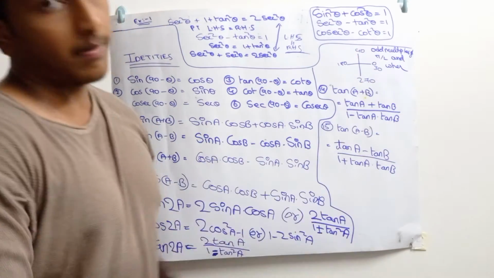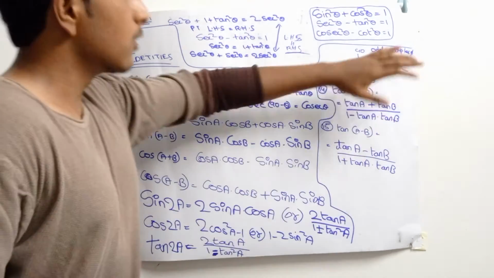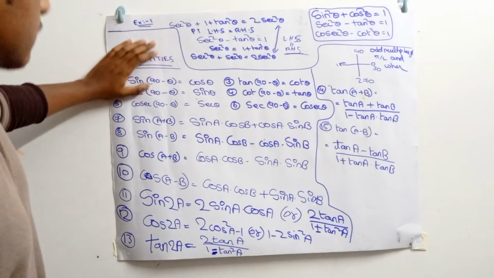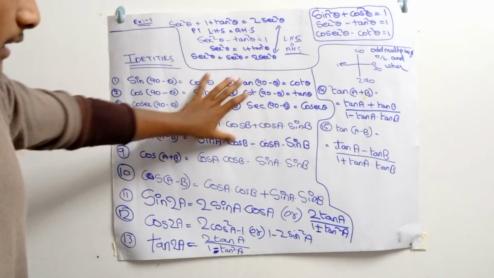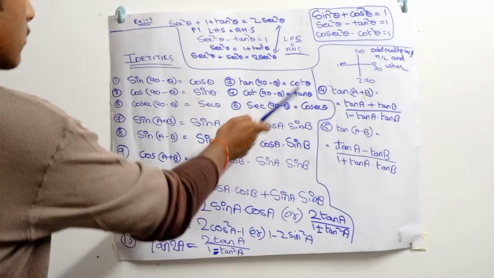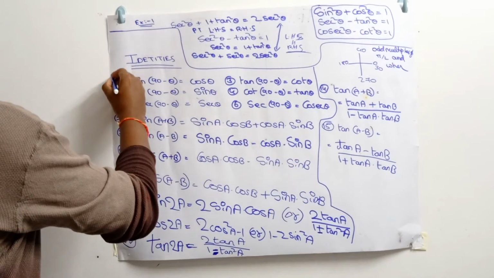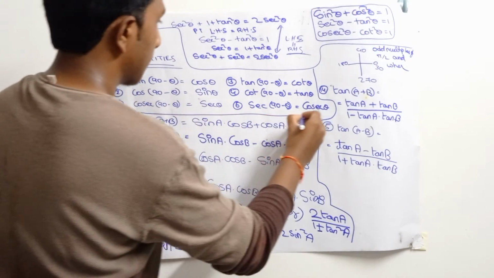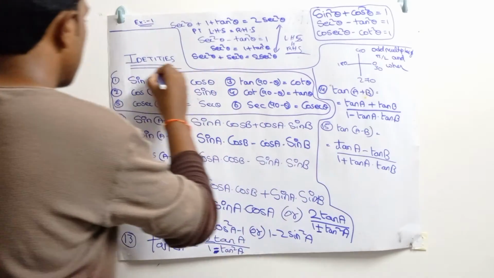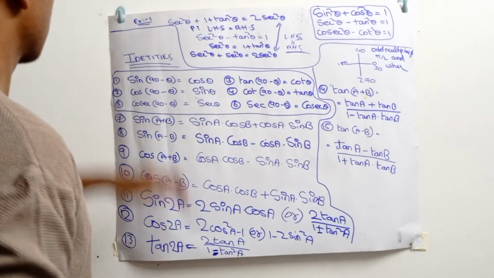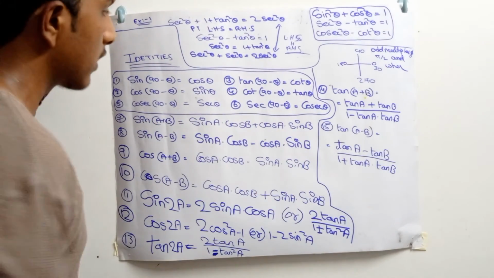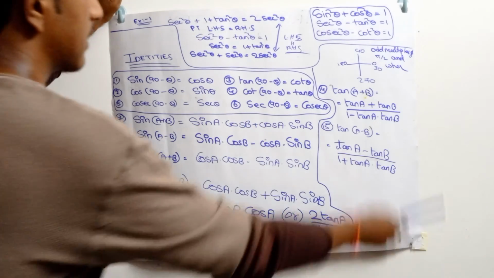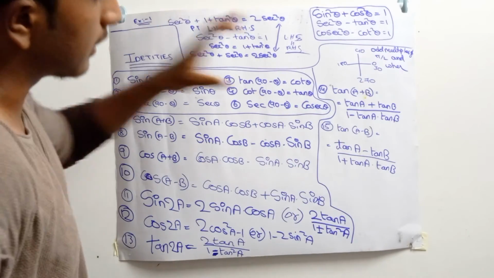It is a lengthy topic, but I'll explain it very clearly. No worries about this. Just first learn these 15. No worries about these 1 to 6. I'll completely give you a grip on the topic.